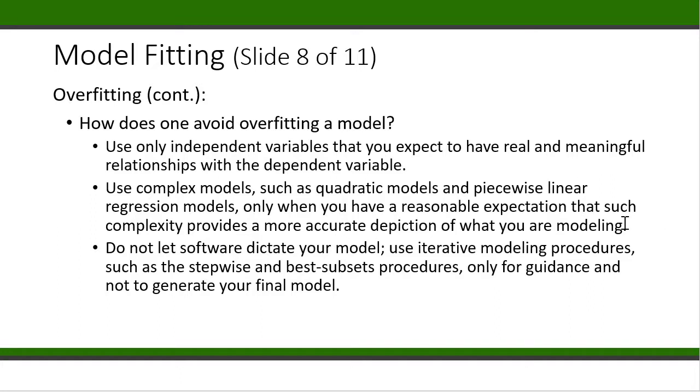Don't let the software dictate what you're going to do with your model. You want to use iterative modeling procedures like stepwise and best subset procedures to help guide you in what you eventually choose as the model that's going to fit your data.